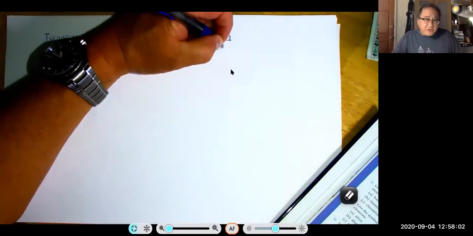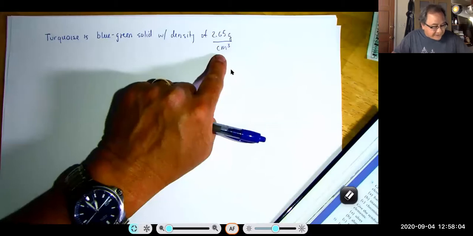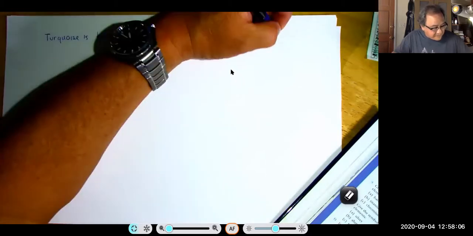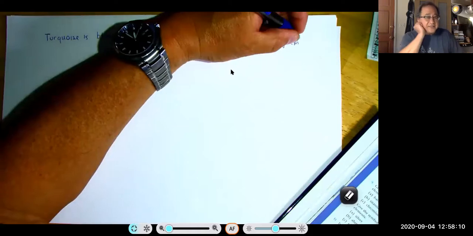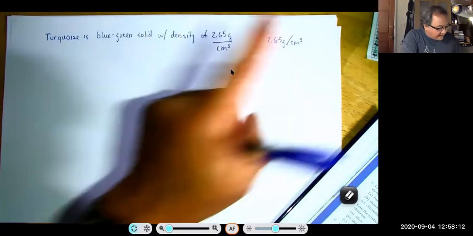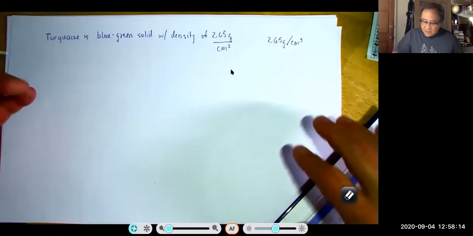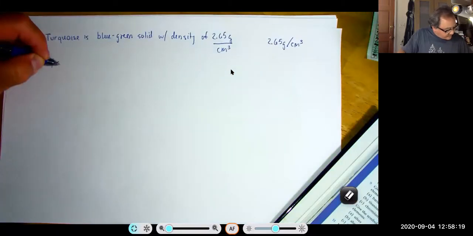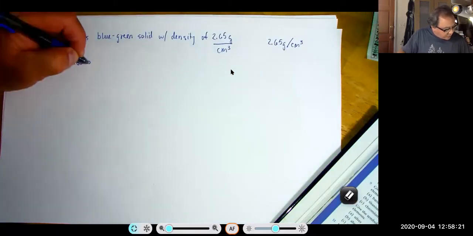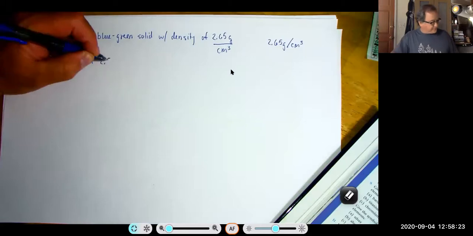You'll see me do this a lot instead of this. I really don't like this, and I'll tell you why in a bit. Okay, and it has a mass of 2.5 grams. Okay?